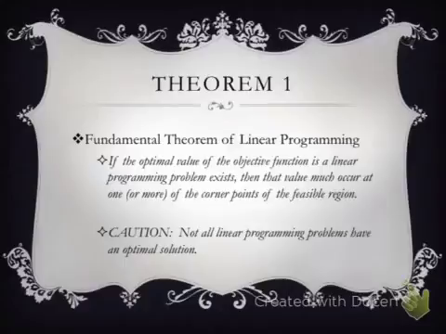And that final point will be at one of the corners. So the shortcut to finding your optimal solution is to actually find your corner points and then test each one of those to see which one optimizes your function, whether you're maximizing or minimizing, which one accomplishes what you want to accomplish.